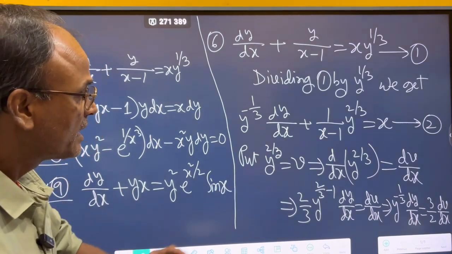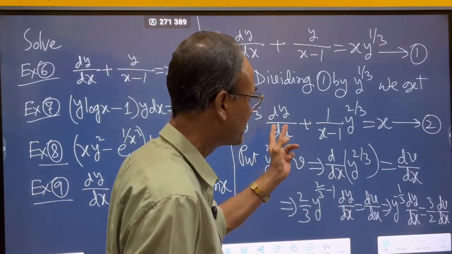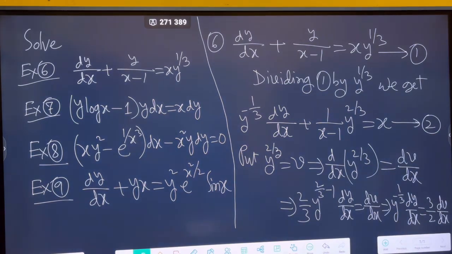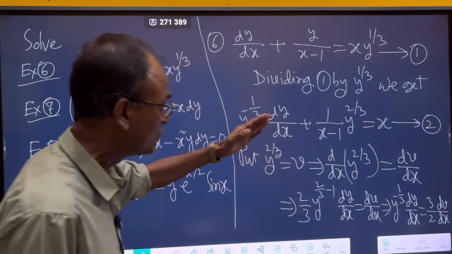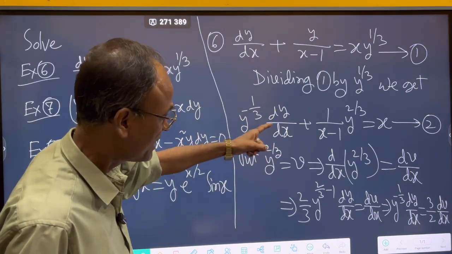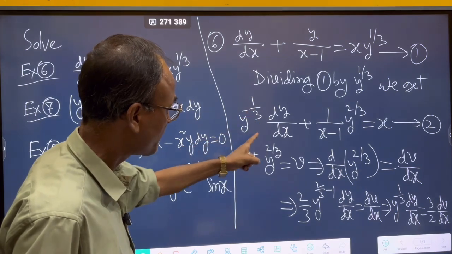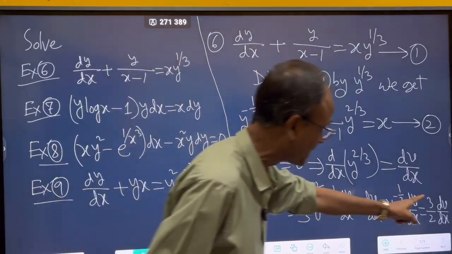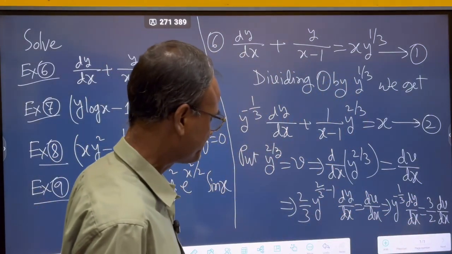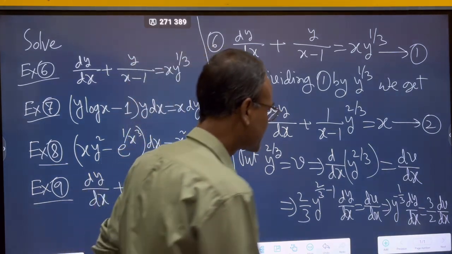Now put this value in equation number 2. Therefore, from equation 2, y to the power minus 1 by 3 dy by dx can be written as 3 by 2 dv by dx.